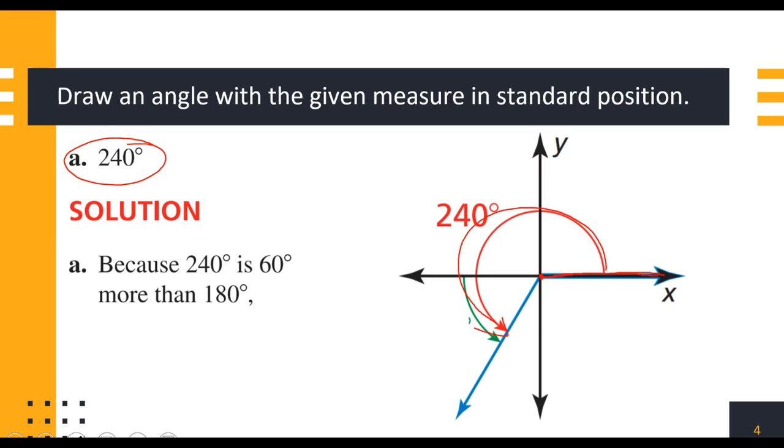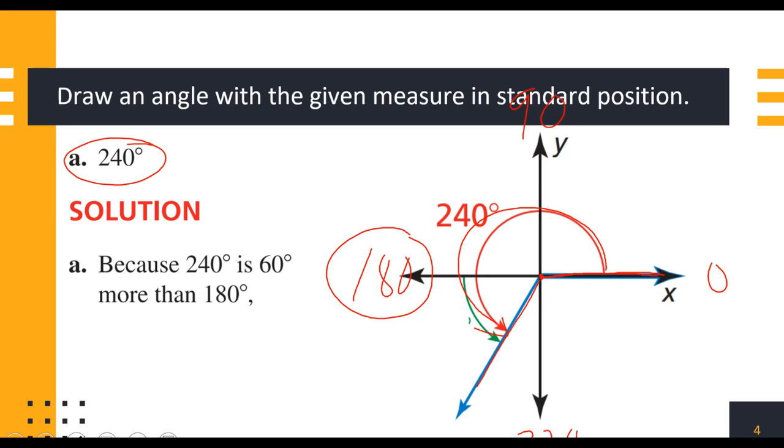Now remember, if this is your coordinate plane, that will be your 0. It's your 90, 180, and this is your 270. So here, 240 is just 60 degrees more than 180 degrees. So we just need to add 60 degrees to 180.